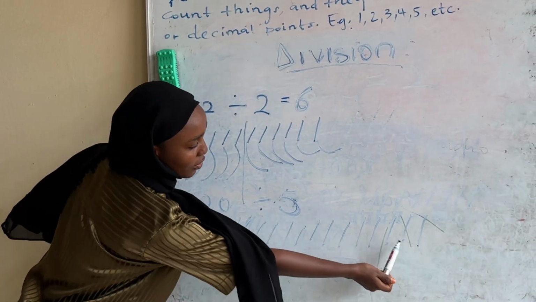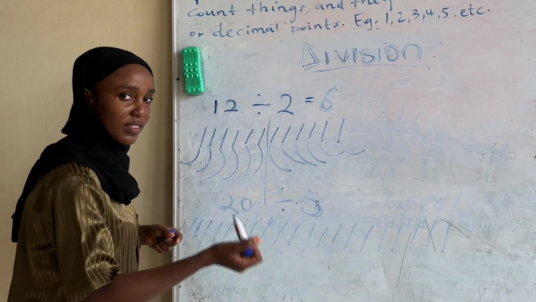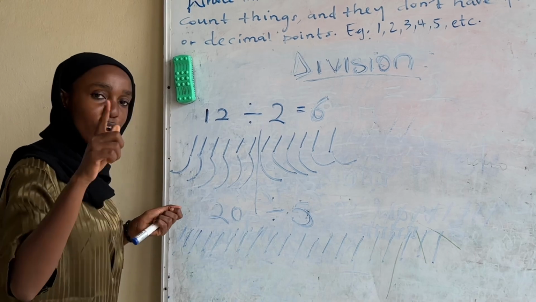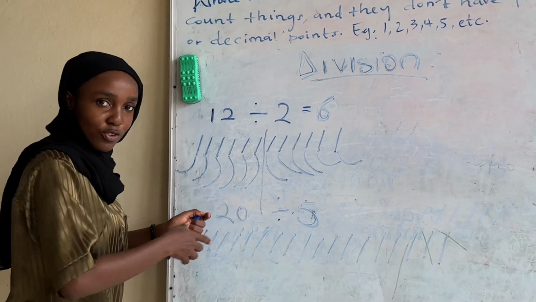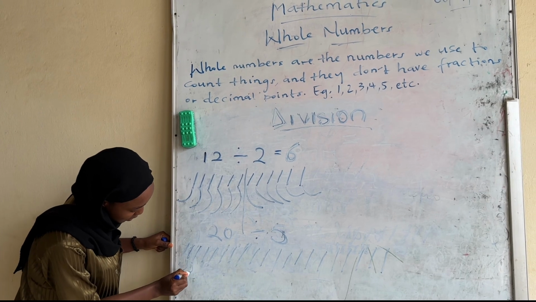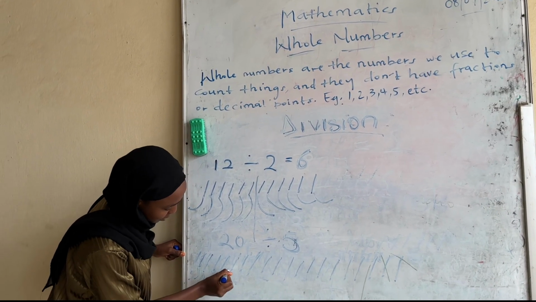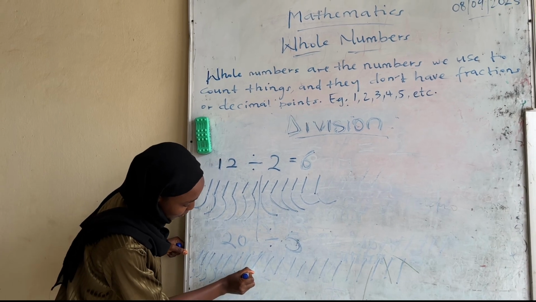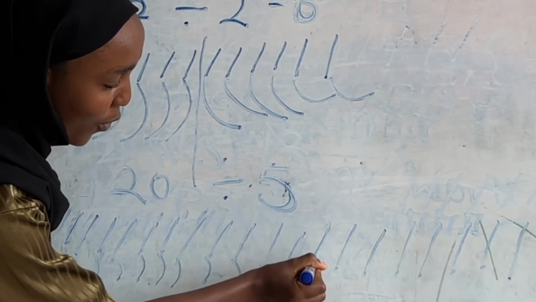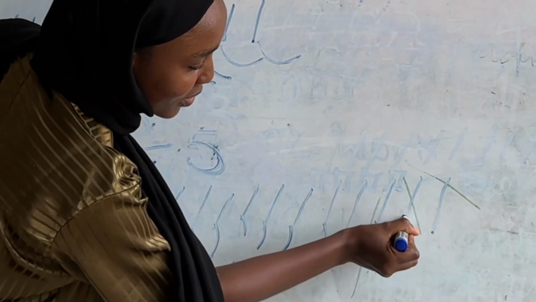Yes, this teacher is supposed to divide these strokes into equal parts for the students in class. Let's know how many students are in that class to get equal strokes from the 20 strokes.